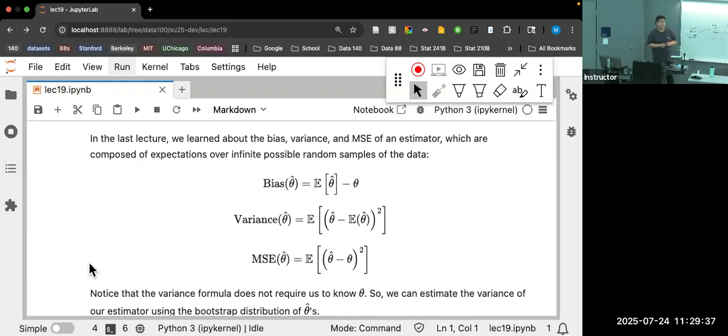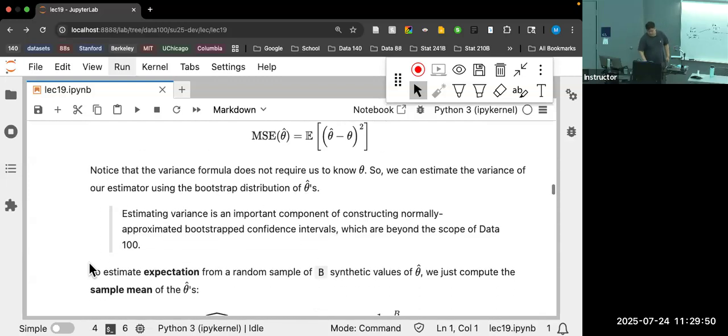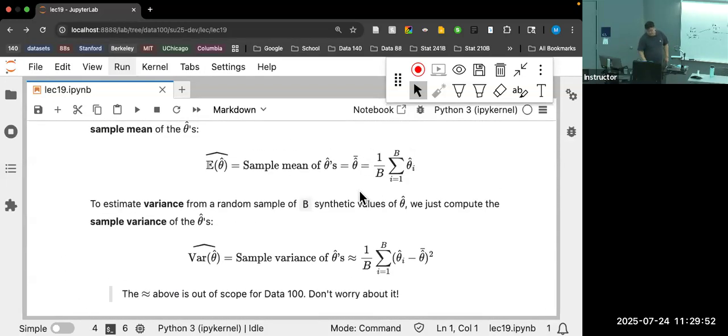What is the expectation? It's an average, a weighted average, but it's the average. So how we can estimate an expectation is using the average of the x bars. I have 10,000 x bars from my bootstrap samples. I just average them, and I can use that to approximate the expectation of the estimator.